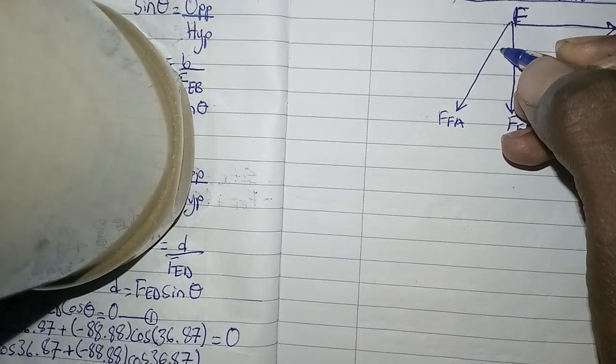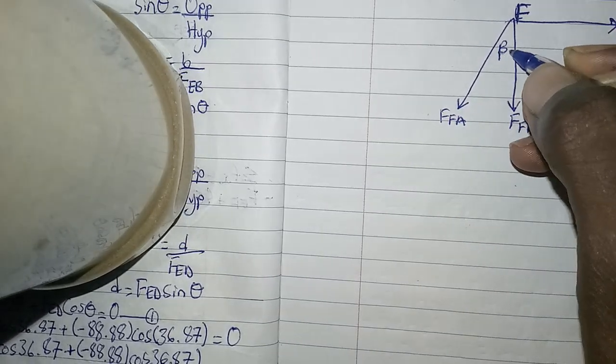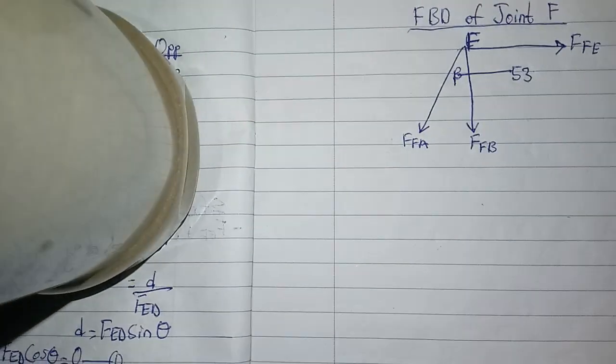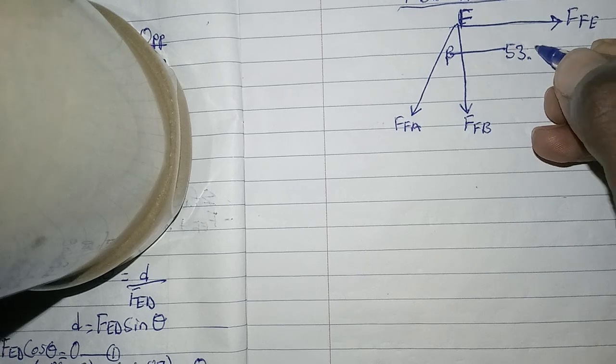Here will be beta, which is equal to 53.13.